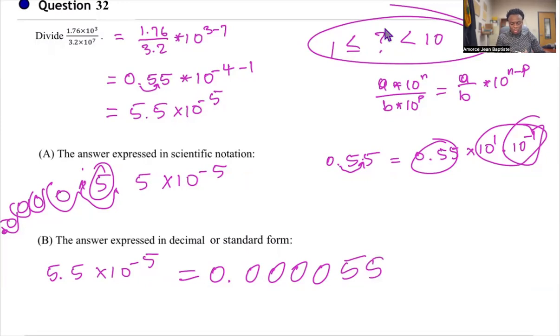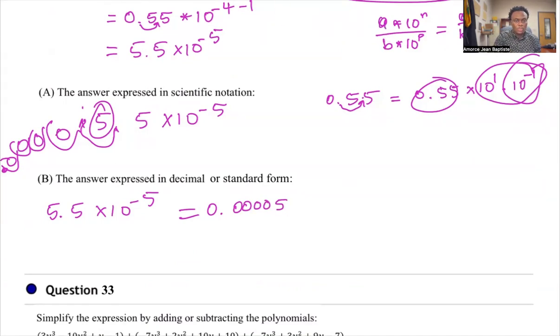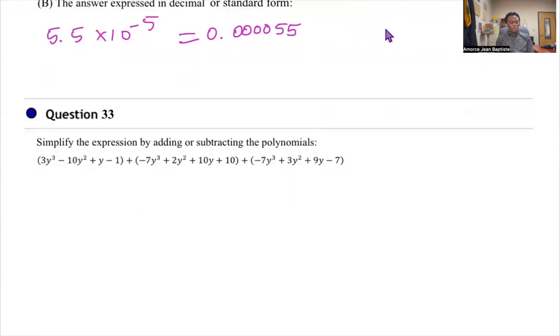So that's going to be the standard form of your result. So if you want to write it simpler, 0.00005. So I forgot to put that another 5 here. So that's it. And next we are adding or subtracting the polynomials here.